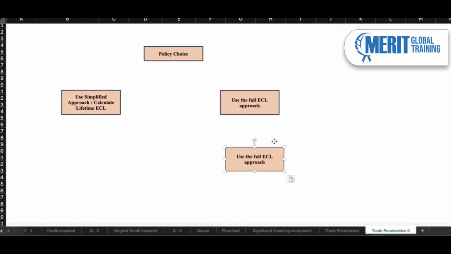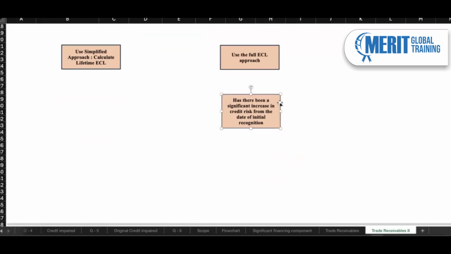And what does that involve? That involves asking the question, has there been a significant increase in credit risk from the date of initial recognition? Has there been a significant increase in credit risk from the date of initial recognition?